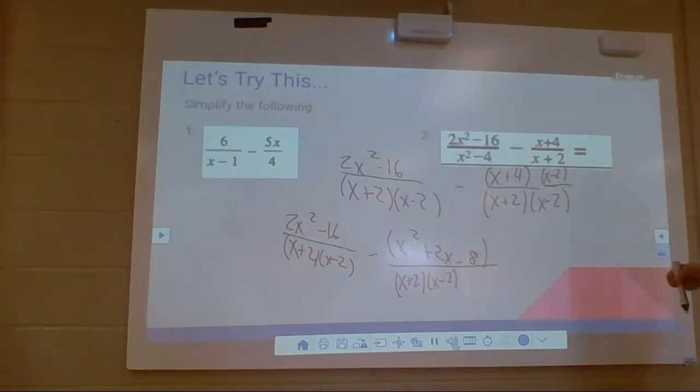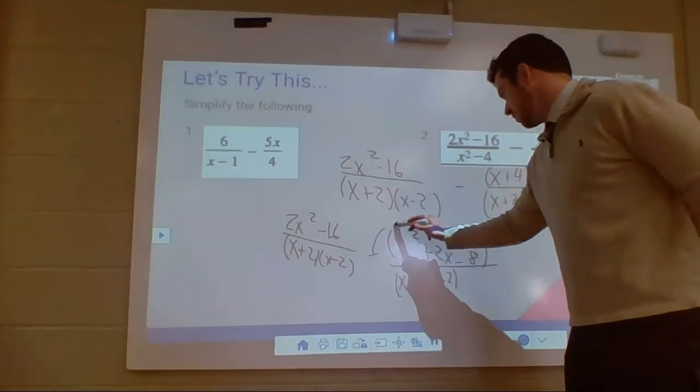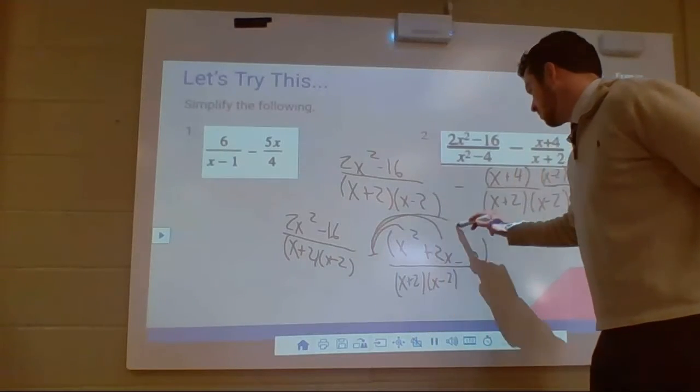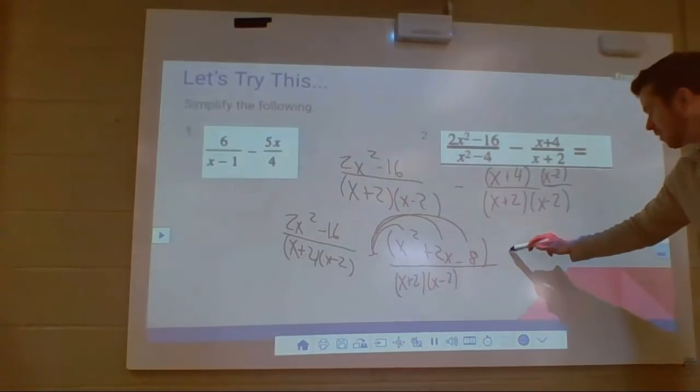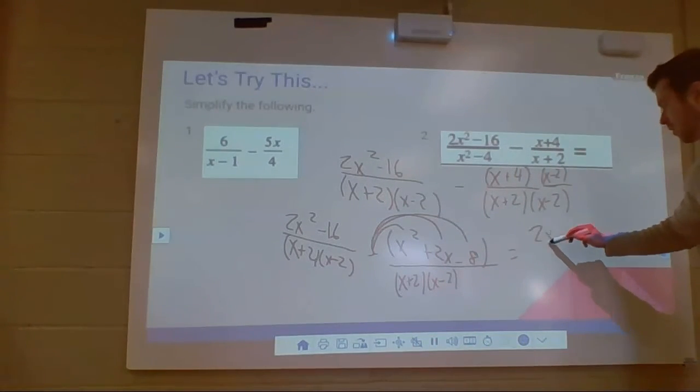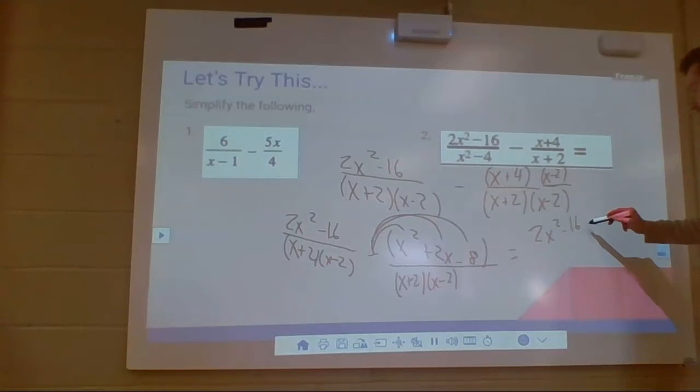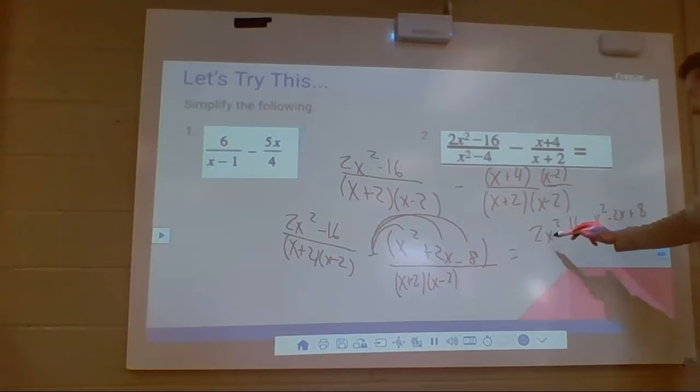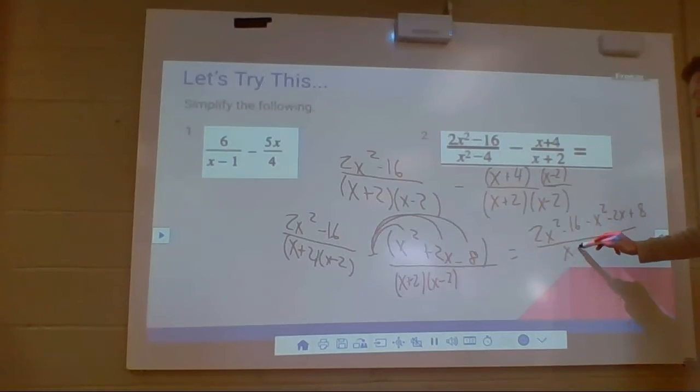All right. Now, I can distribute this negative and put them all on the same line. So it's going to equal 2x squared minus 16 minus x squared minus 2x plus 8 all over x plus 2 times x minus 2.